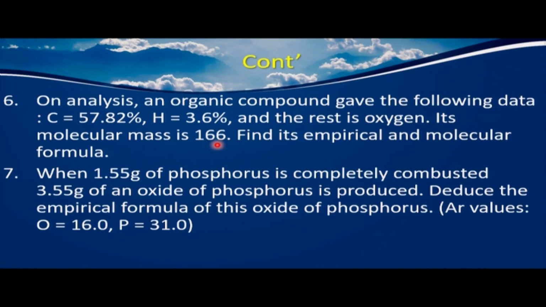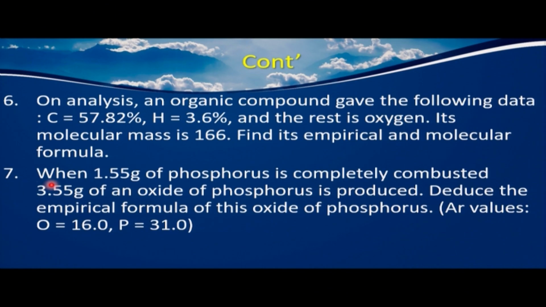When you get the value of n, you can multiply that value of n with the empirical formula to find the molecular formula itself. Good. So I'm not going to find the molecular formula for you because with the explanations and the empirical formula, you can work it out.